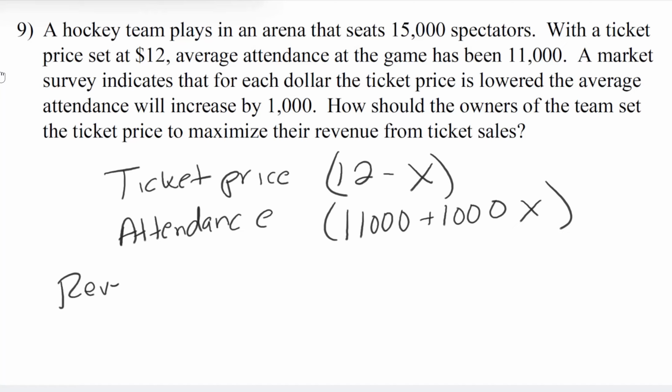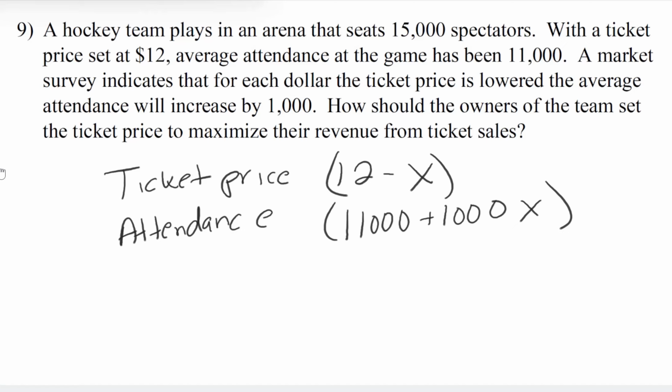So my revenue, x being how much I'm lowering my ticket price by. For every dollar I lower my ticket price by, I gain 1,000 people.